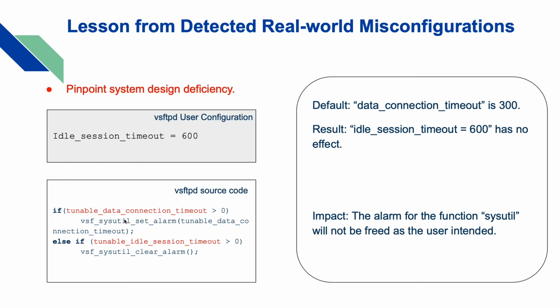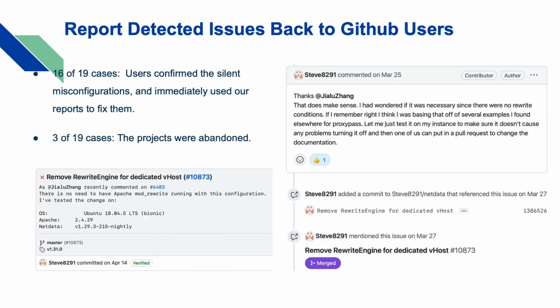Unless users explicitly specify the value for this to be less than or equal to 0, any setting of the idle session timeout will automatically become a silent misconfiguration. From this example, we pinpoint a system design deficiency, because if a user ever wants to specify the idle session timeout, the system should pop out an error message saying that you should also change the data connection timeout. This is an interesting lesson we learned from our detected issues.